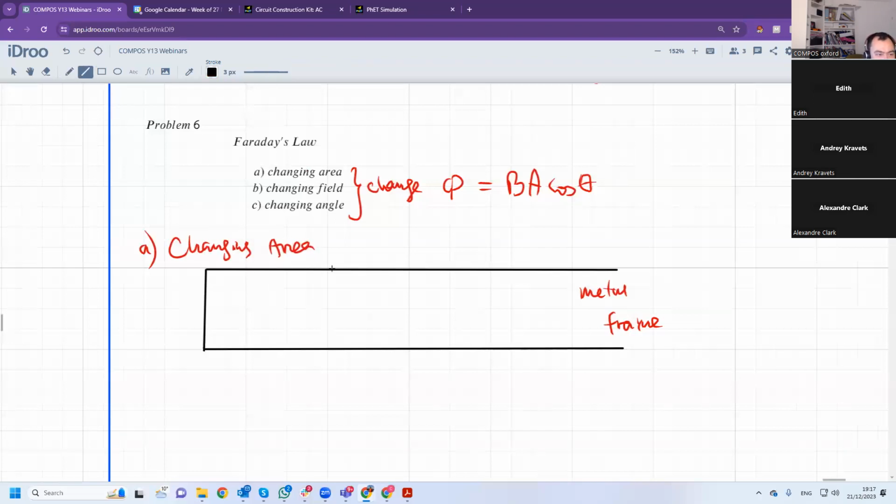And you have a metal rod. The metal rod is allowed to slide from left to right. So this rod is allowed to move like this.